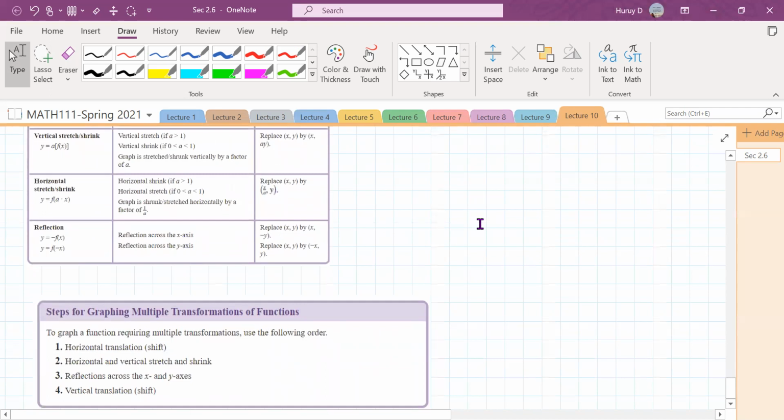If it's that complicated, what you could do is first do the horizontal translation, which is a shift, and then horizontal and vertical stretch and shrink, and then reflection across the x-axis and then the y-axis, and finally the vertical translation or shift. This is just a guide to help you graph the new function.